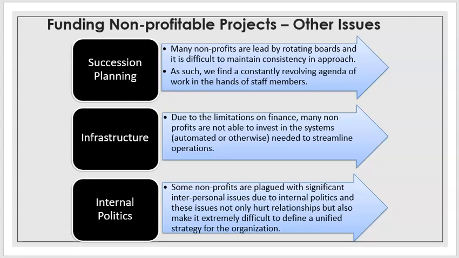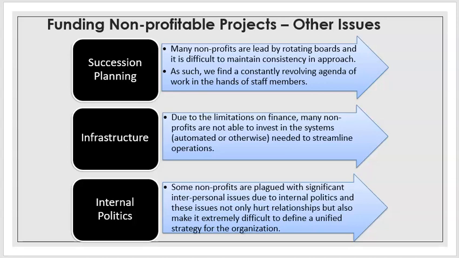Okay, so succession planning. Many non-profits are led by rotating boards, and it is difficult to maintain consistency in approach. So it is difficult to have continuous planning because of changes of the top management. Other issues are infrastructure.